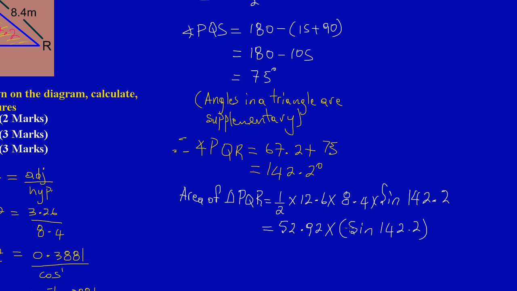Now basically you could plug in your calculator sine 142.2 and multiply that by 52.92, and you would get 32.4, correct to 3 significant figures. And remember, area is in meters squared. So that would be my answer. That's our answer for part 3.